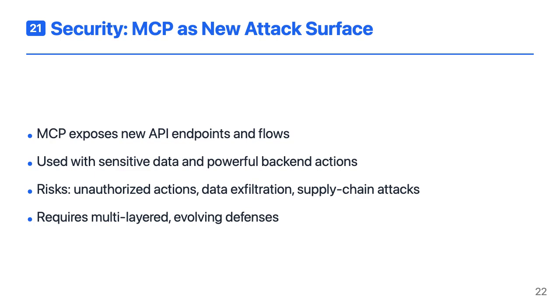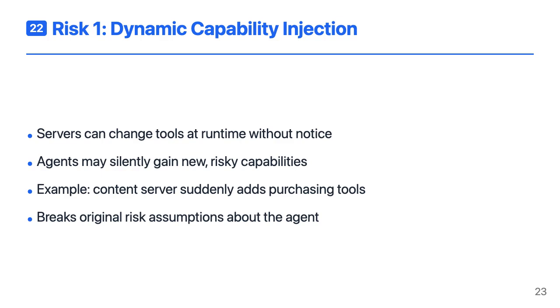Misconfigurations or malicious servers can lead to unauthorized actions or large-scale data leaks. The paper argues that securing MCP isn't a one-time checklist. It demands a layered, evolving strategy that accounts for both traditional vulnerabilities and AI-specific threats like prompt injection. Dynamic capability injection happens when an MCP server changes the tools it exposes without the client's explicit awareness.